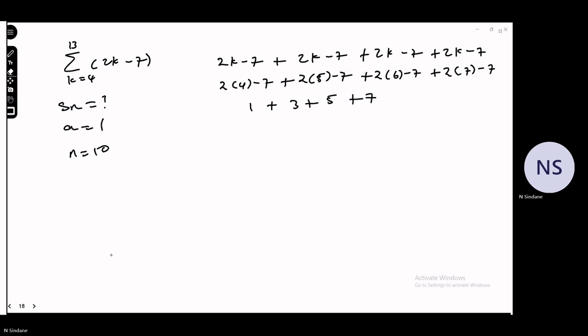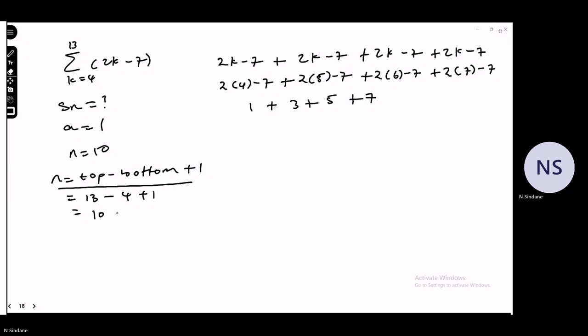Or you can use the formula: n is equal to top minus bottom plus 1. Meaning this will be 13 minus 4 plus 1, which is 10. That is the formula that you can use, or you can use your fingers to count.